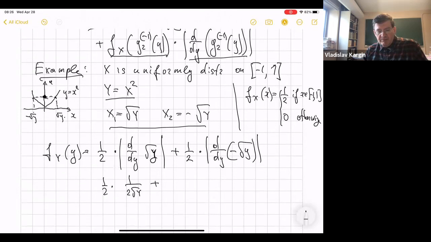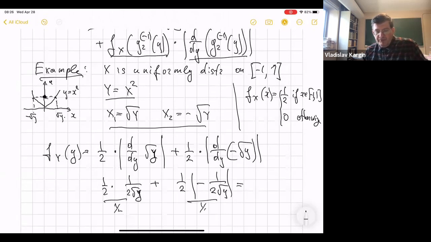And the second is, in principle, minus 1 divided by 2 square root of y, but with the absolute value it will be 1 divided by 2 square root of y. So 1/2 times that gives 1/4, and here also 1/4. Summing together, we get 1/2 times 1 divided by square root of y.